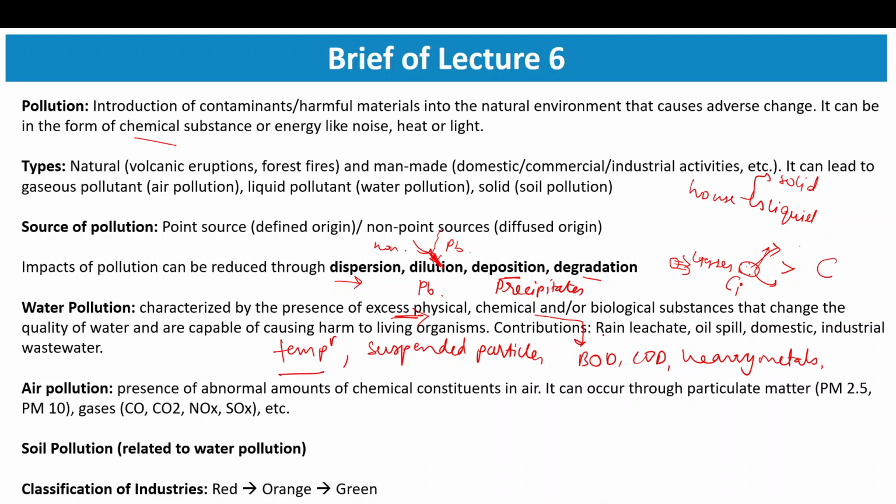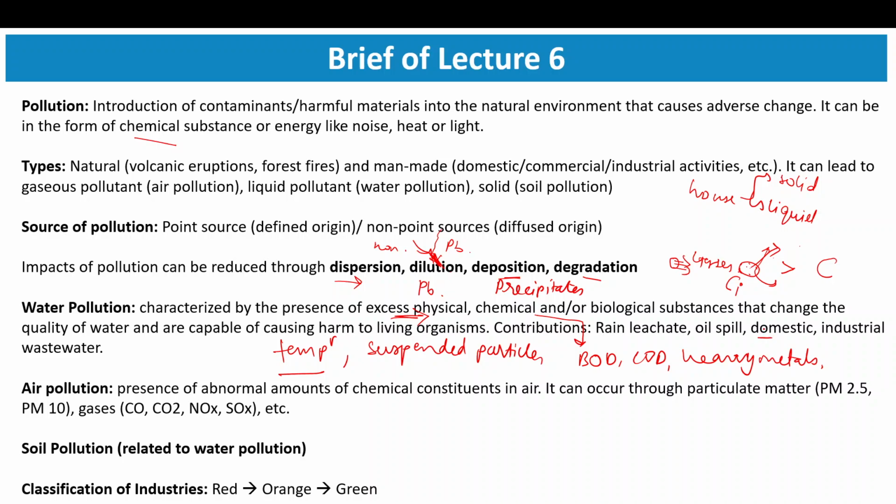So some of the major contributions come from rain leachate. There could be some oil spill. There could be some domestic wastewater, for example, toilet, the wastewater coming out of bathrooms after washing your clothes. All such water coming from your household purposes comes under domestic wastewater.